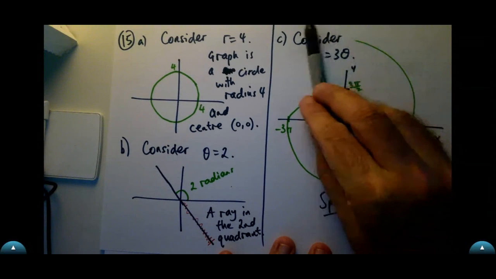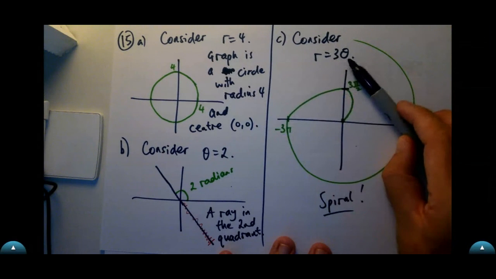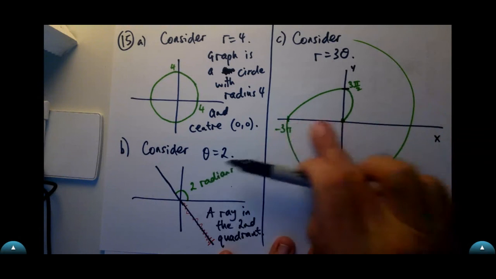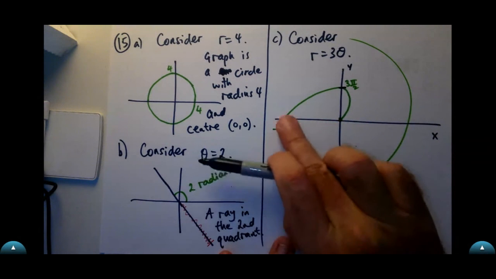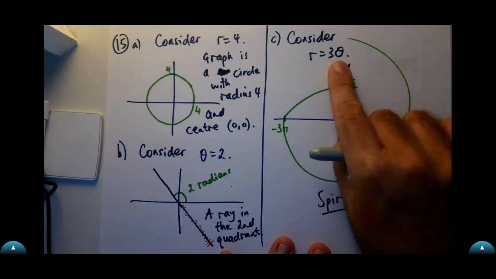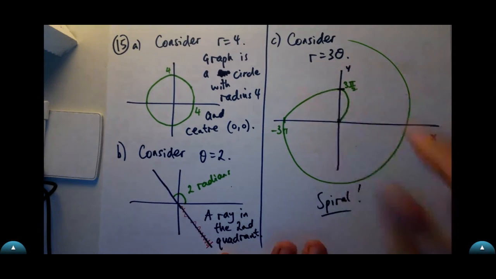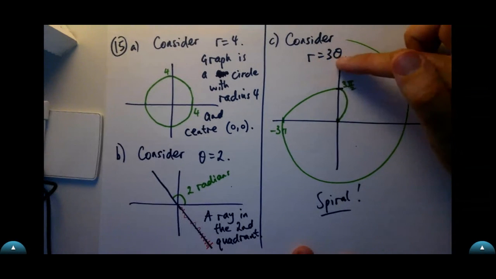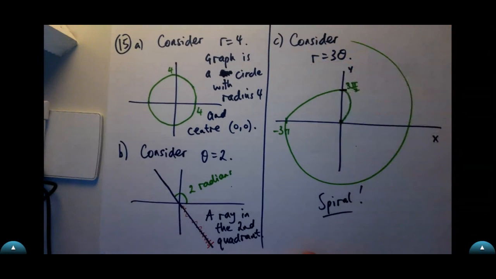And then if I go another quarter turn, theta goes towards pi, right? So the distance will be 3 pi, which is on this axis, it's negative 3 pi, right? And then just keep going. As this increases, this increases. Okay, Nicholas, is that kind of doing it for you? Yeah. So what I try to do is just say, well, what's happening as I vary theta? What's happening with the r?